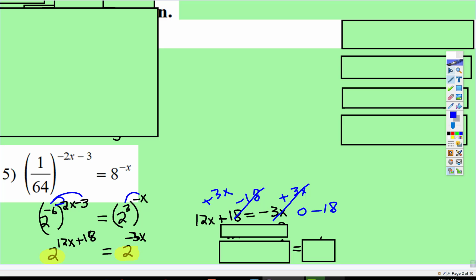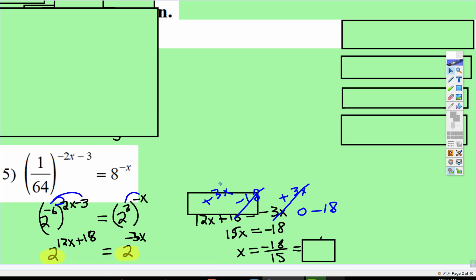So 12x plus 3x is 15x. 15x is equal to negative 18. The last step is the inverse of multiplying by 15, which is dividing. Negative 18 and 15 both have a 3 in common. So x is equal to negative 6/5.